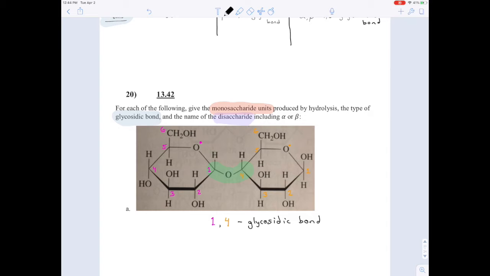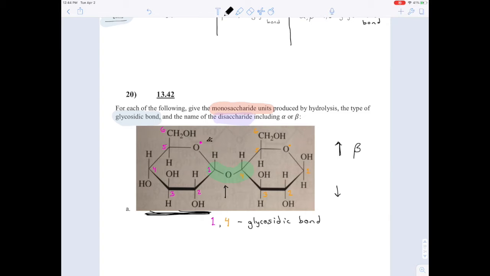The other thing you want to note about the type of glycosidic bond is whether it's alpha or beta. The oxygen coming off of carbon number 1, in the case of the ring on the left, the oxygen in the glycosidic bond, could either be going up or going down, depending on what direction this oxygen attacked from when it went from a straight chain to a ring. If it attacked from the bottom, then the OH goes up, and you have a beta isomer.